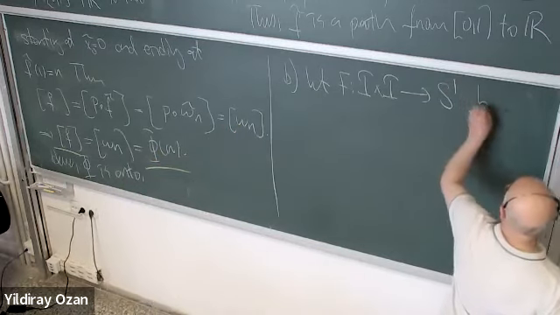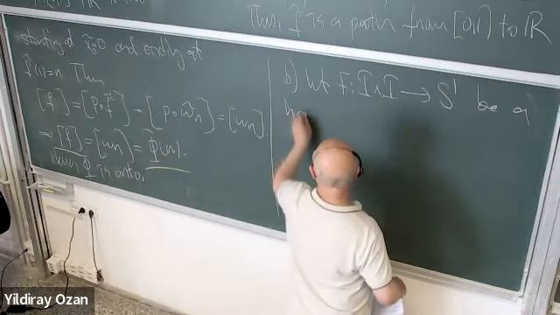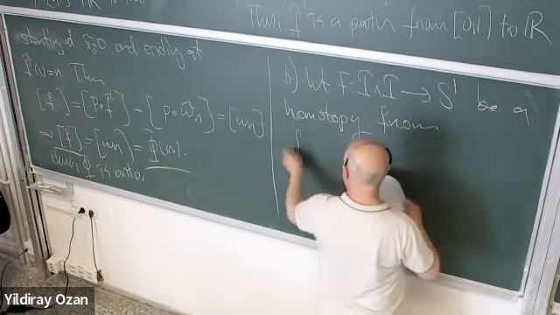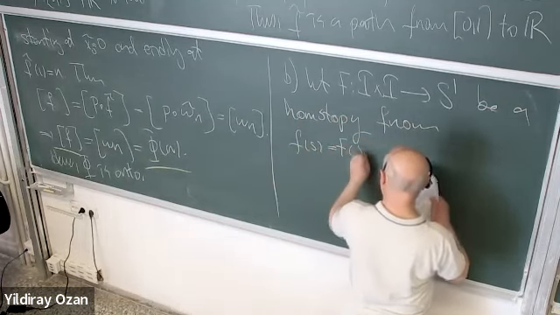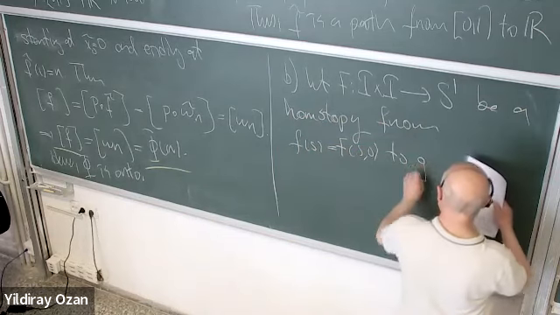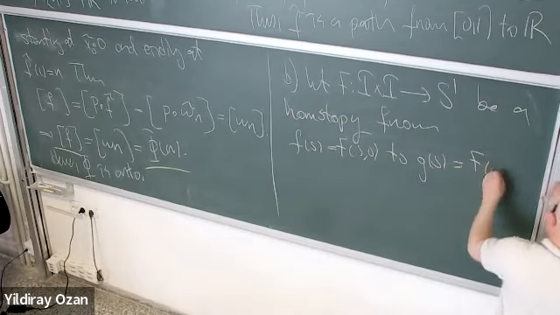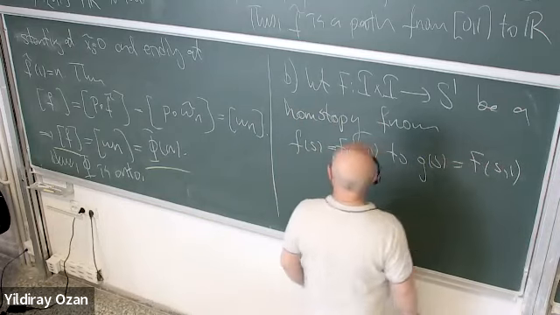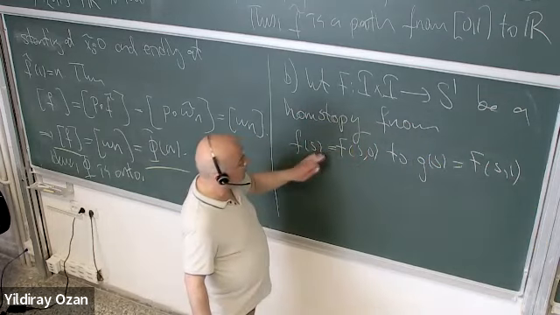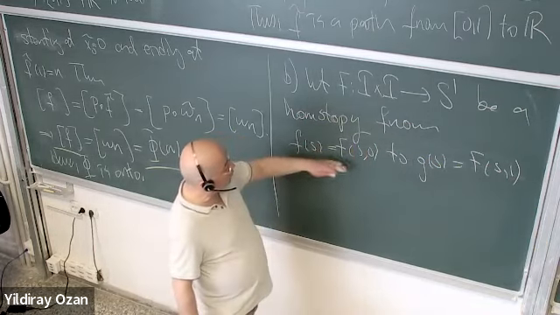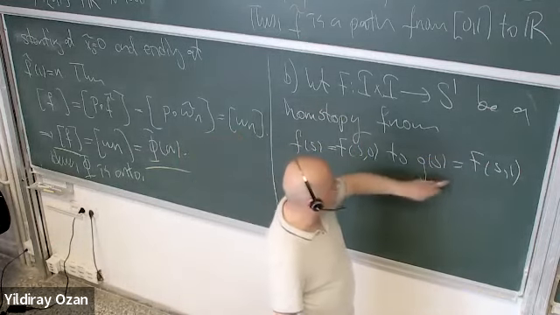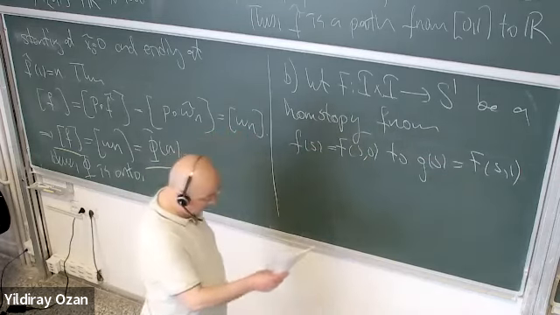So let this be a homotopy from f of s, which is fs0, to g of s, which is fs1. I do not care about the endpoints yet. So this is a homotopy, so that at time 0 it is a map f, at time 1 it is another path, which is g.